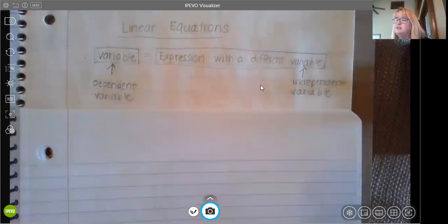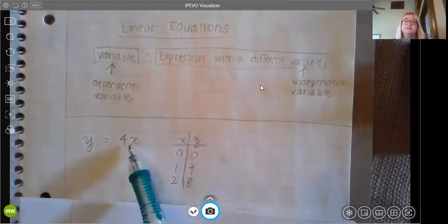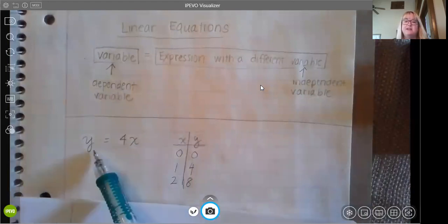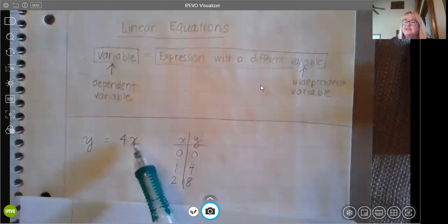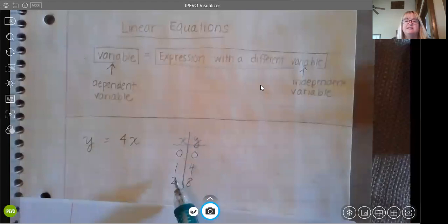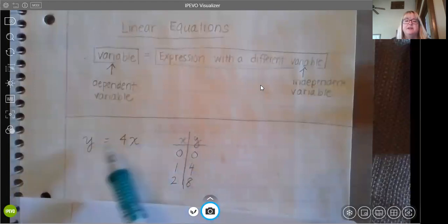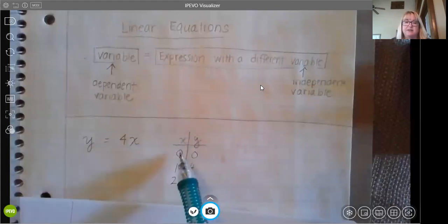You don't need to write this down, but we've got y equals 4x, which is what I just used. Y is your dependent variable because its value depends on what x is. I made a little t-chart over here to show you what I mean. When x is 0, y equals 4 times 0, which is 0.